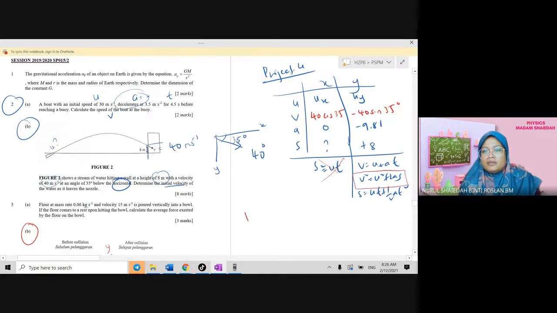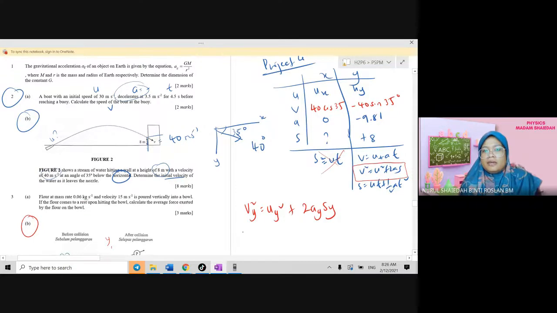Okay, so VY square equals to UY square plus 2AY SY lah. So all belong to Y ya. Okay, so VY adalah negatif 40 sin 35 degree squared equals to uy is unknown. So plus 2 negative 9.81. My sy is 8.